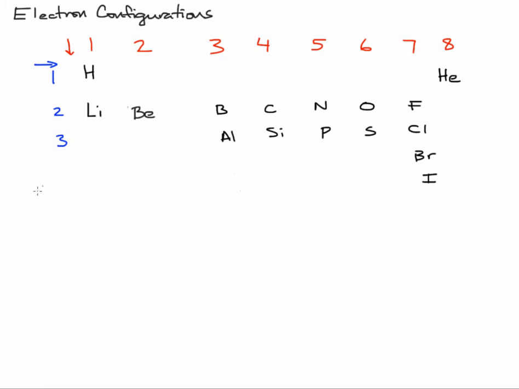So in our first column here, I'm going to write atomic number. We're going to start with atomic number 1, and that's hydrogen.